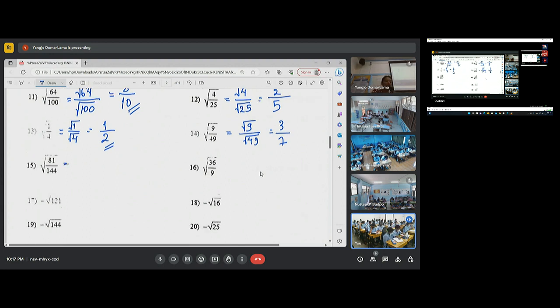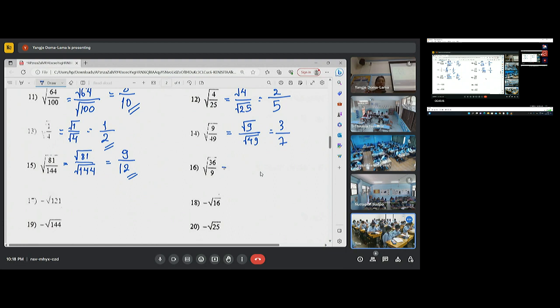We can write this as root 81 over root 144. Root 81 is 9. Root 144 is 12. Do not simplify, okay? Because we are just finding the square root.